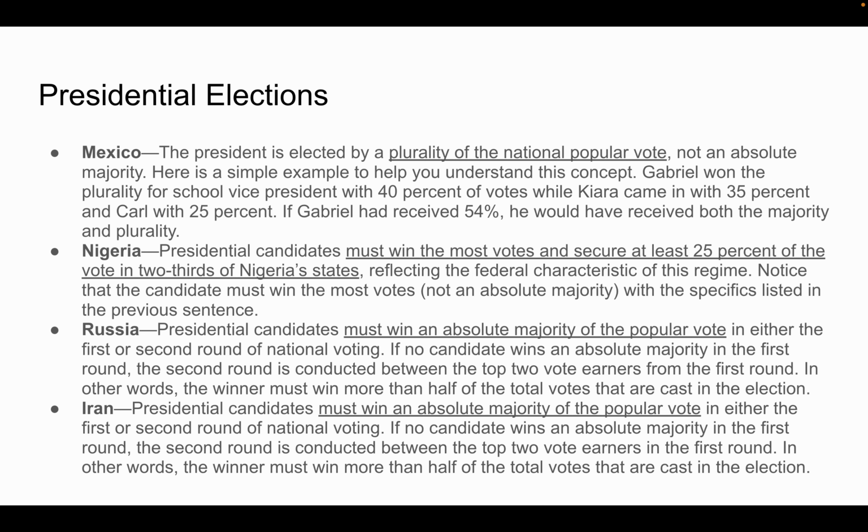The big thing you're going to need to be able to do is, this is a potential FRQ topic, really, and they tend to fall under the describe task verb, where you're asked to describe presidential elections in course countries.